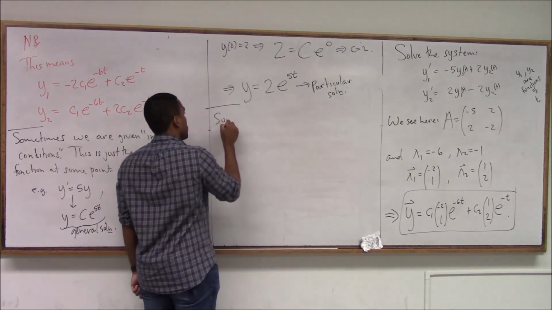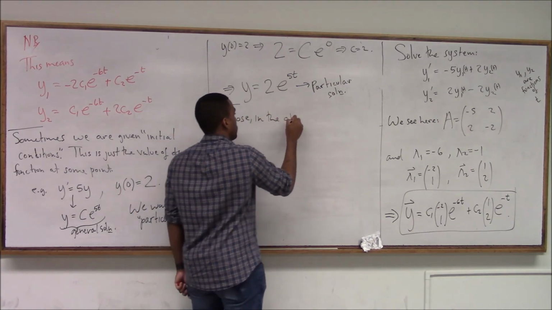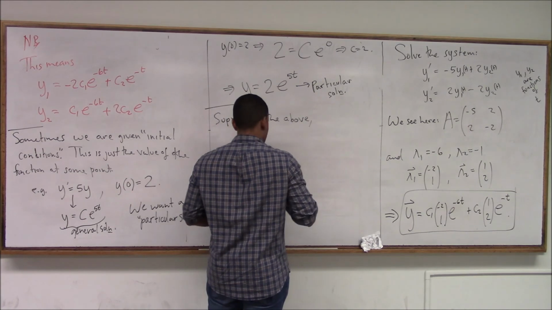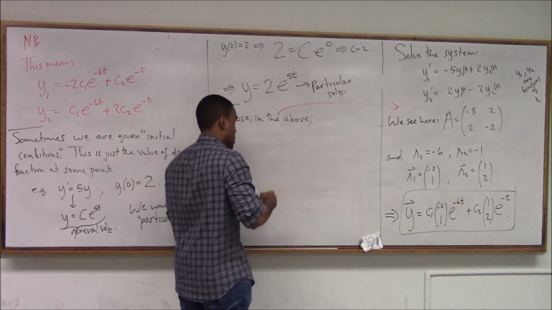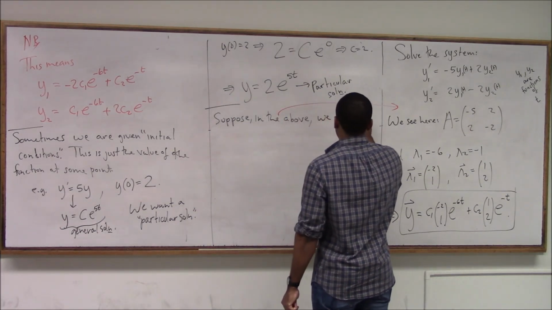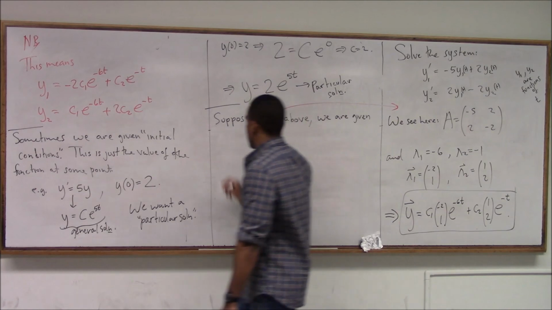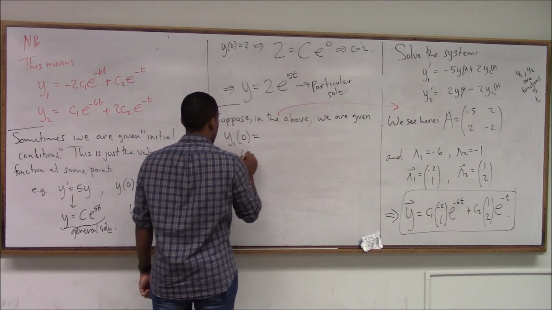So now suppose in the above, by the above I'm talking about this question here, we are given y1 of 0, y2 of 0.